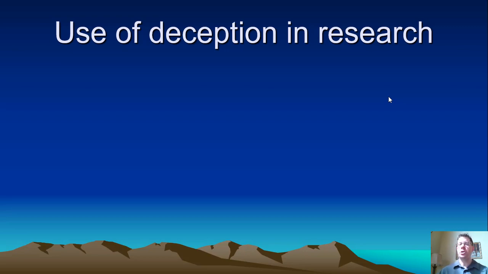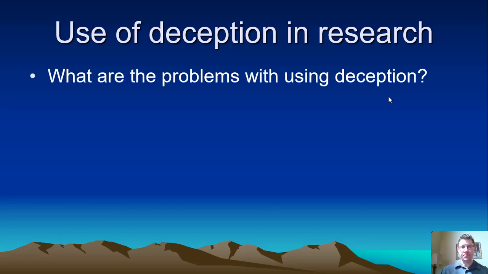So sometimes researchers use deception so that they can actually study natural behavior of their participants, which they won't get if they don't use deception. But before you use deception in research, you should consider the other side of this, the problems with using deception. From a moral or ethical issue, on the one end of the continuum, some argue that deception is never okay.